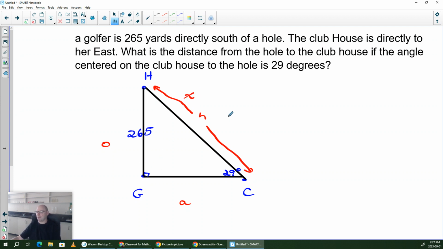Okay, so we've got this one and this one. This one's not given to us. So we're going to go opposite over hypotenuse. That's sine 29 degrees equals, okay, we've got opposite over hypotenuse.